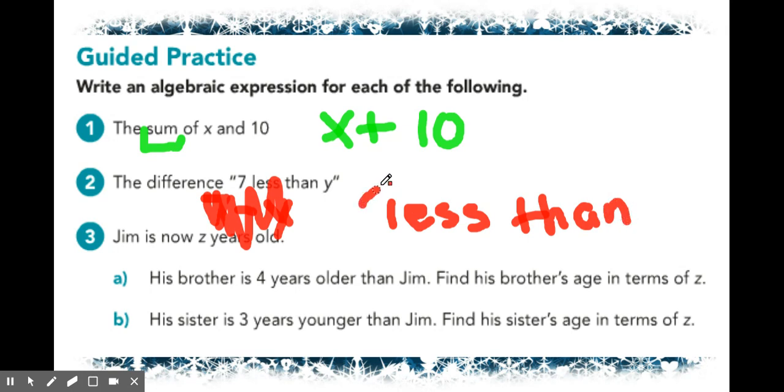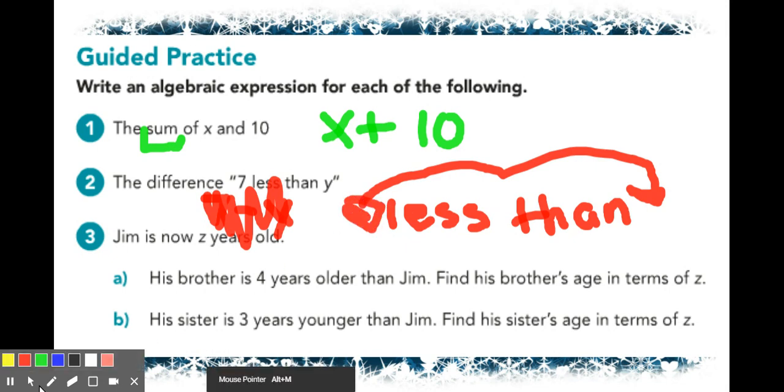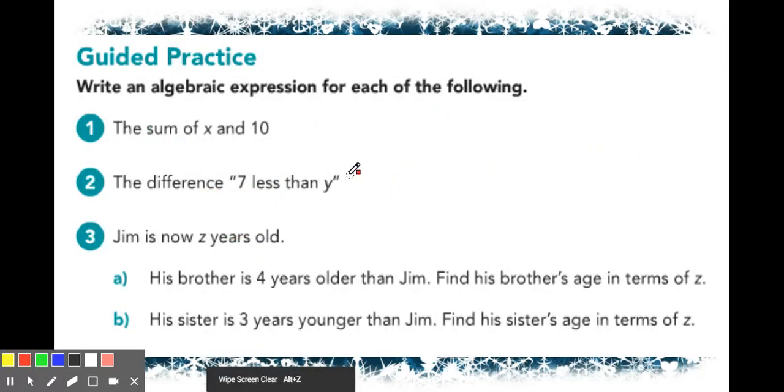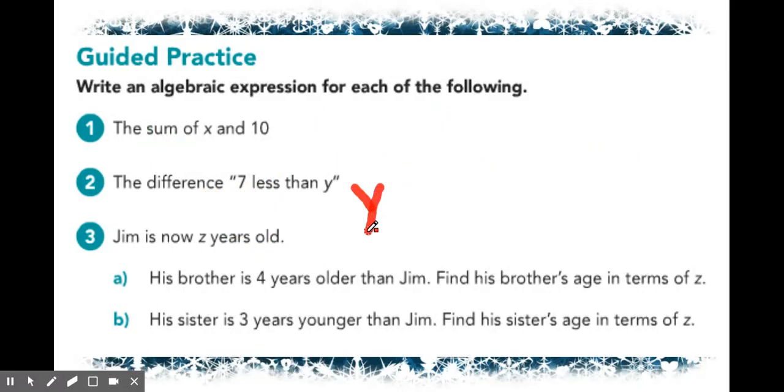This is going to switch the values. It's going to flip-flop them. So instead, my expression is going to look like y minus 7. So these two are swapped because it says less than.